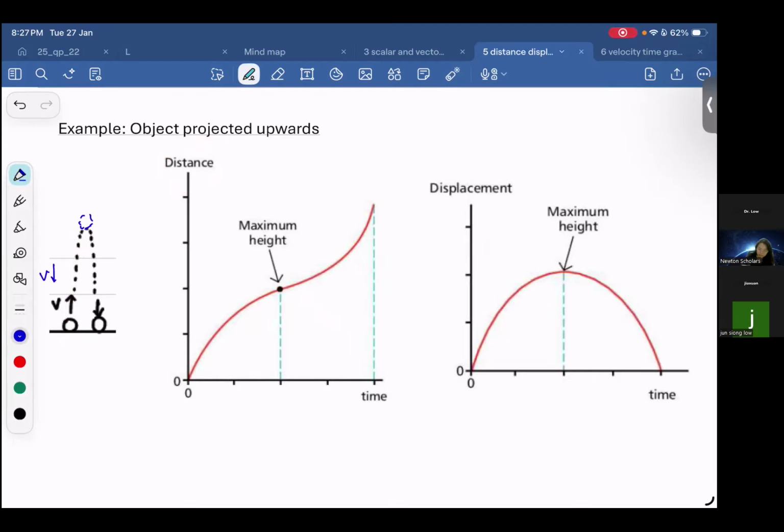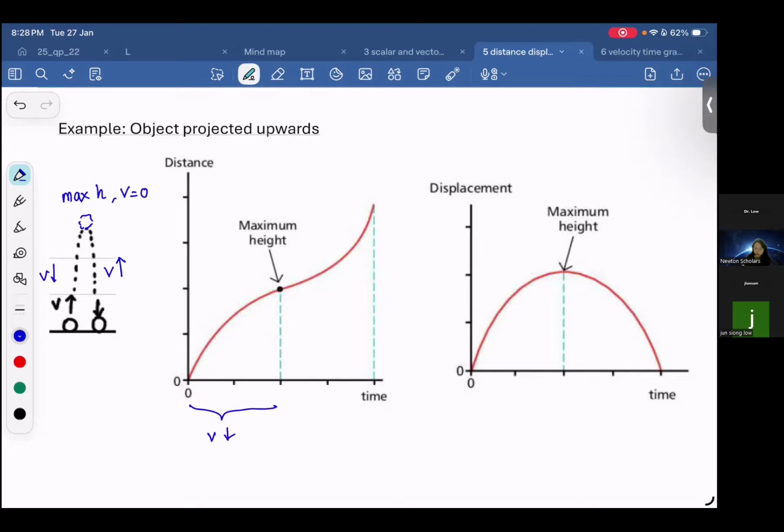When it decreases until the maximum height, your velocity or your speed should be zero. From here, it will fall down. Falling down, gravity is pulling, so velocity should be increased. How do we plot the graph of this motion in the distance time graph? Can you see that for this part, velocity should be decreased.